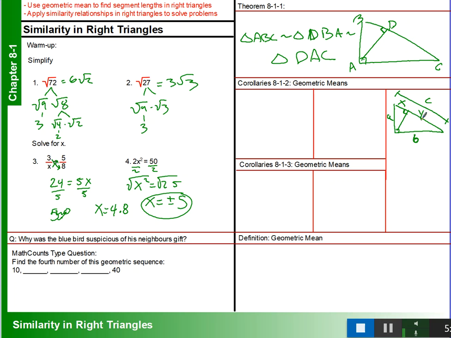Well, what does that mean? Well, what is a geometric mean? Or how do I find a geometric mean? Well, what that means is we have the height here.